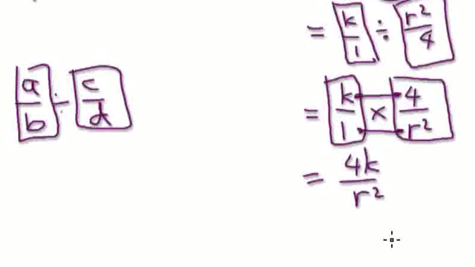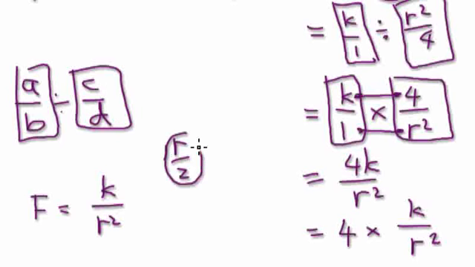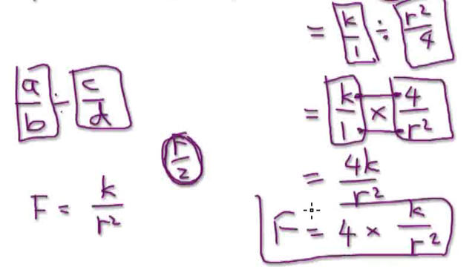Now look at this here. Let's pull out the 4, so it becomes 4 times K over R squared. You see, our old system, F equals K over R squared. Now, when we halve the size, our new distance is R over 2, and then when we halve the distance, F becomes this whole thing here.